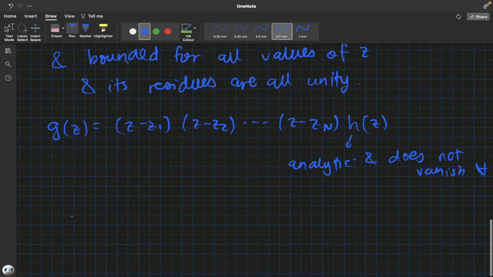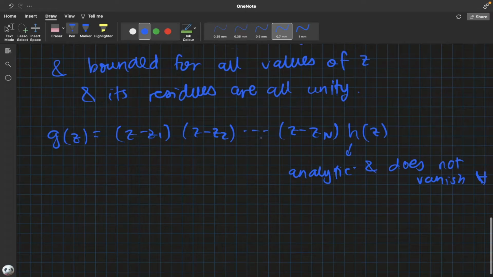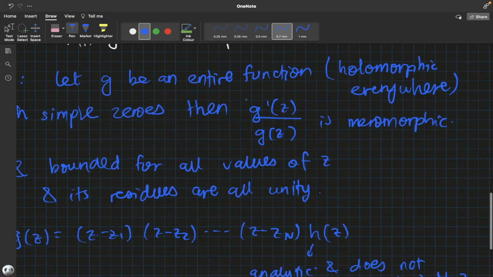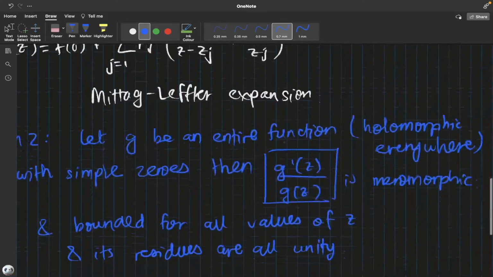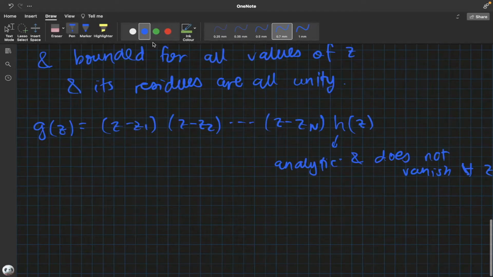So now, since this is meromorphic, we can use the Mittag-Leffler expansion just on this term.